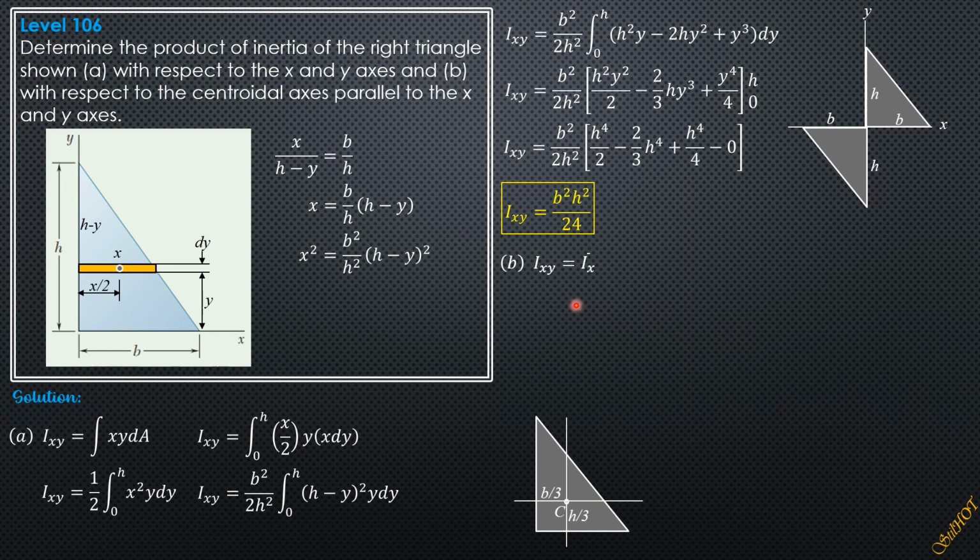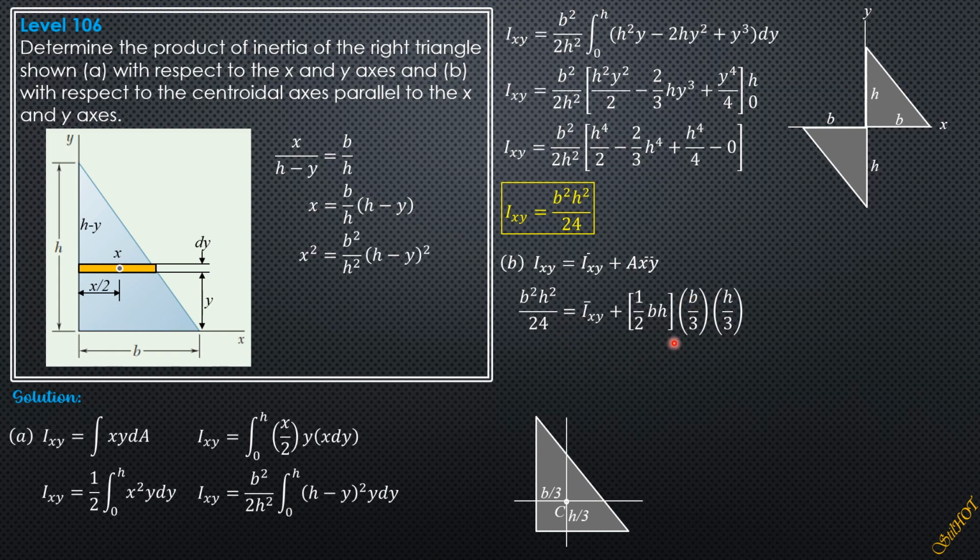For B, by the parallel axis theorem for product of inertia, Ixy equals I bar xy plus area times barred x barred y. Barred x is b over 3, barred y is h over 3, and Ixy is b squared h squared over 24, which we have just derived. So b squared h squared over 24 equals I barred xy plus area, 1/2 of bh, times b over 3 times h over 3.